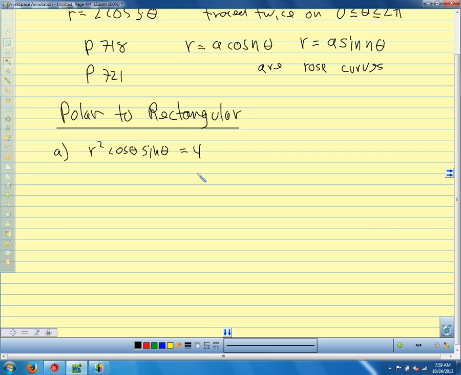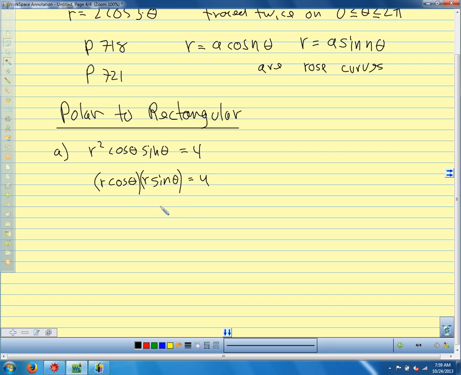So what can I do with this one? Yes, very nice. I'm going to put an r with the sine and the cosine. So this is r cosine theta times r sine theta equals 4.